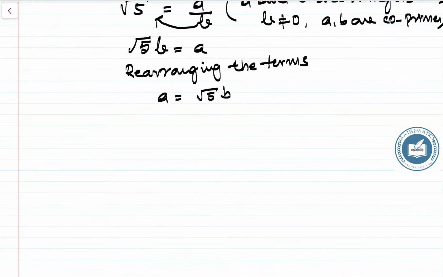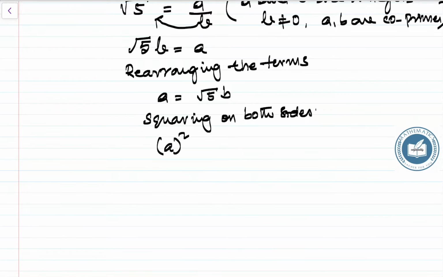Squaring on both sides to eliminate the square root, here it becomes a whole square, and this one becomes root 5b whole square.